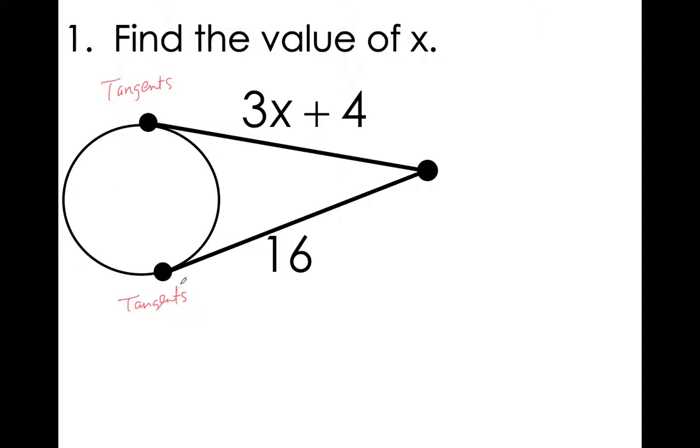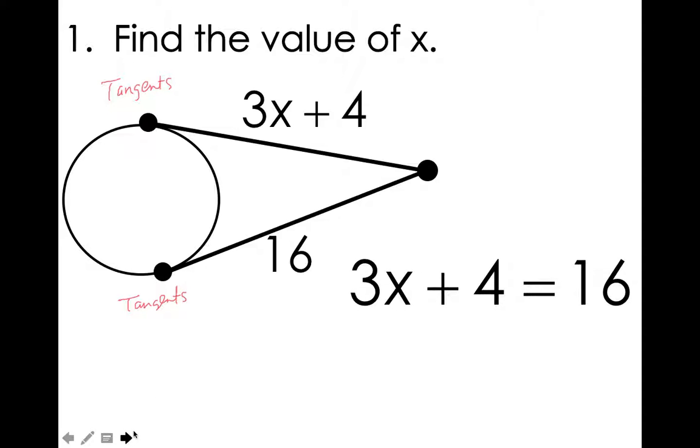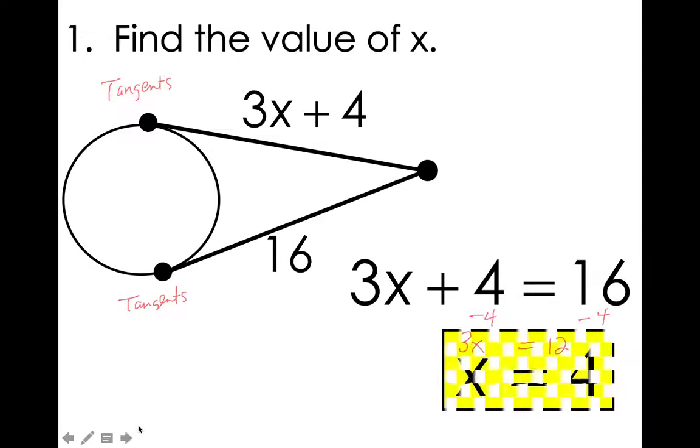And since these are tangents, that means that I can actually just set them equal to each other. When we set them equal to each other, I'm going to subtract 4 from each side, and that gives me 3x is equal to 12. Then when I divide both sides by 3, notice I get x is equal to 4.